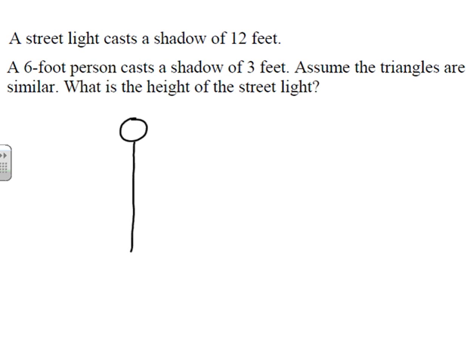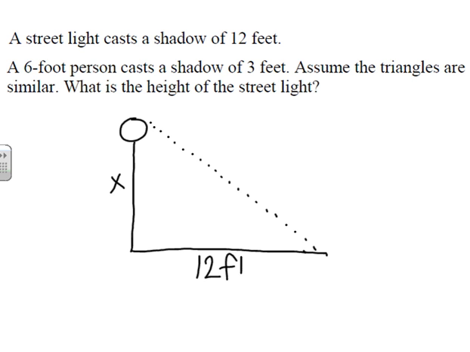And it says that it casts a shadow of 12 feet. So the street light is what we're trying to find, so we'll label that with an X. And this is where the shadow falls. And we'll label the shadow 12 feet. If you want to sketch that in a little more shadow-like, you can.